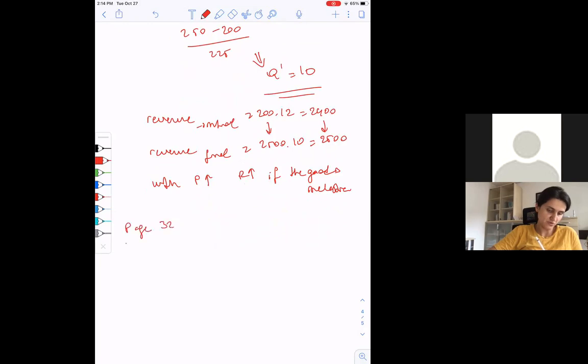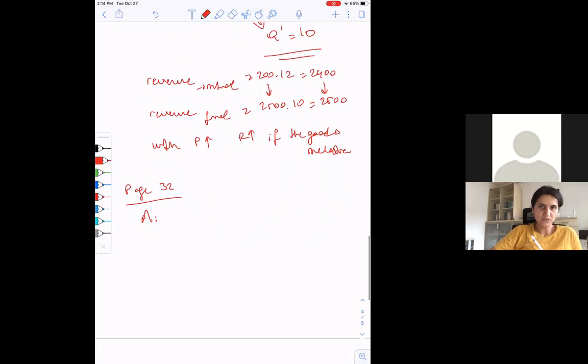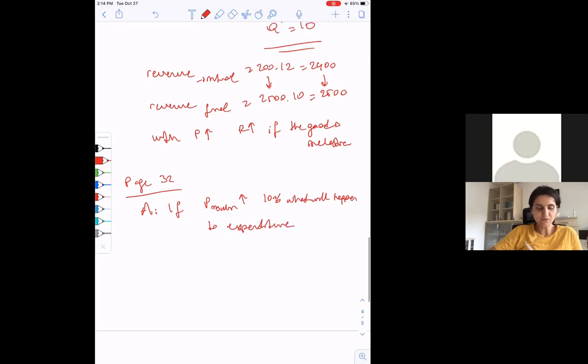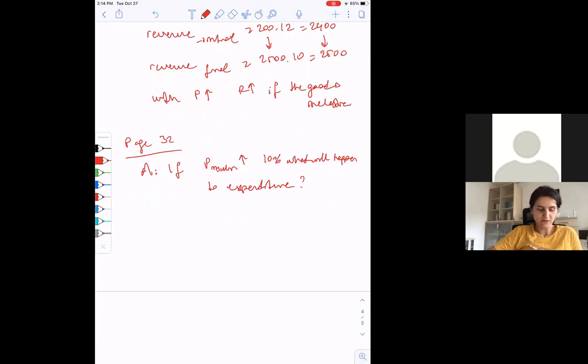Now, let's do some examples from page 32. Case 1: pharmacies raise the price of insulin. If the price of insulin increases by 10%, what will happen to expenditure? Expenditure will be the same as revenue, right?